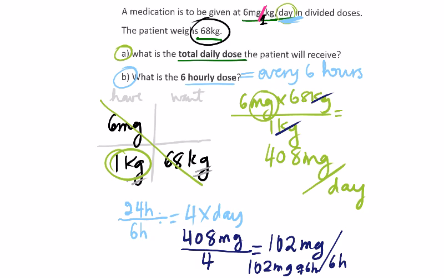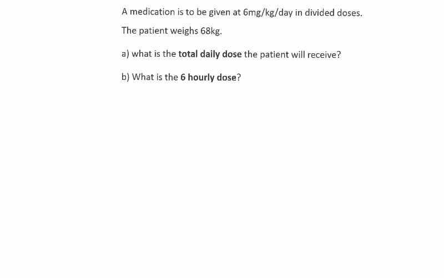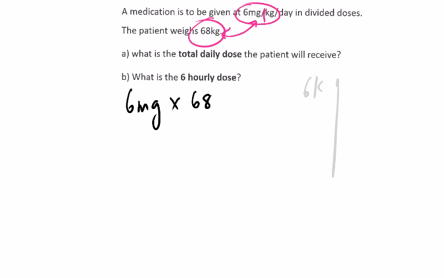Now, we could actually try and think about solving this problem without the box, which is no problem. We know that every kilogram of body weight requires 6 milligrams. So if we have 68 kilograms, we need 68 times more. That's why some people will simply say, all we need to do here is multiply the quantity of drug by the 68 kilograms, because for each 1 kilogram of body weight we need 6.